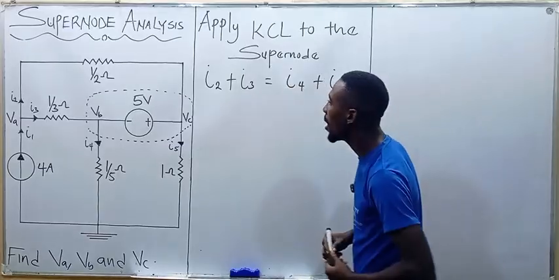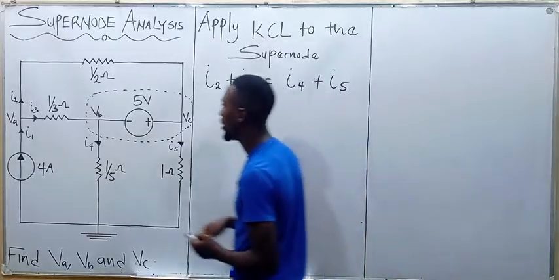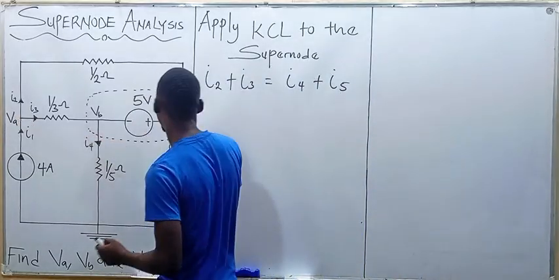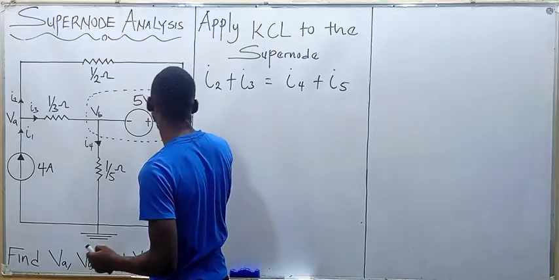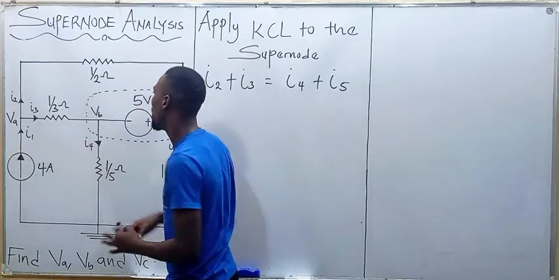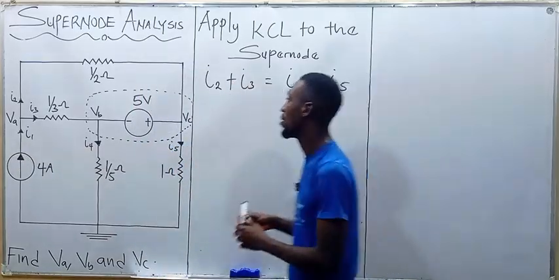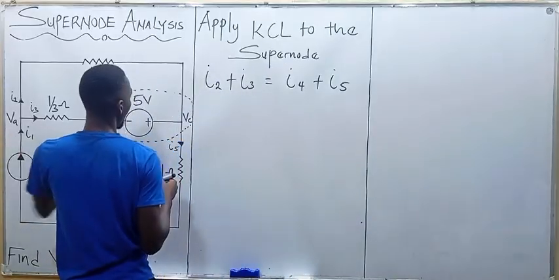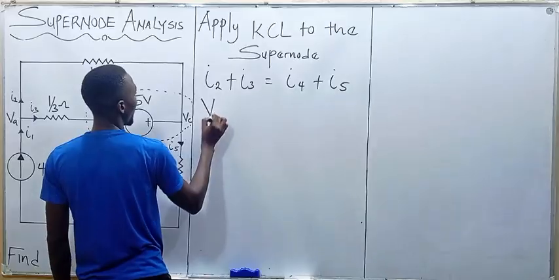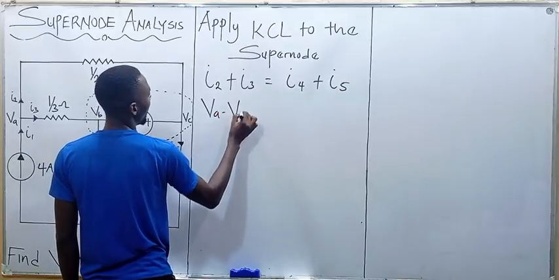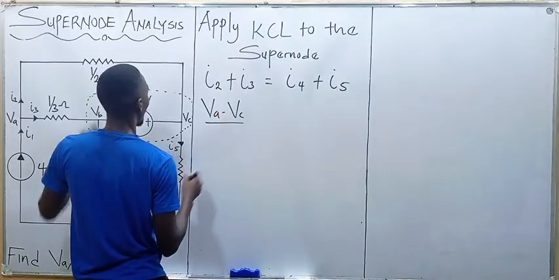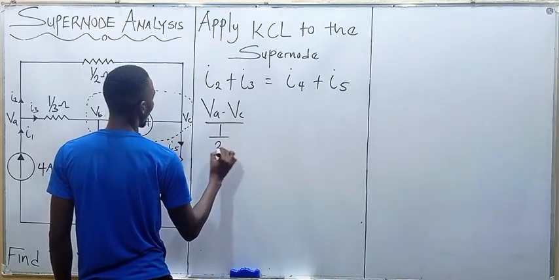Now our I2 is between these two nodes, VA and VC, on this branch. So we write that in terms of voltage and resistor: VA minus VC all over 1 over 2.